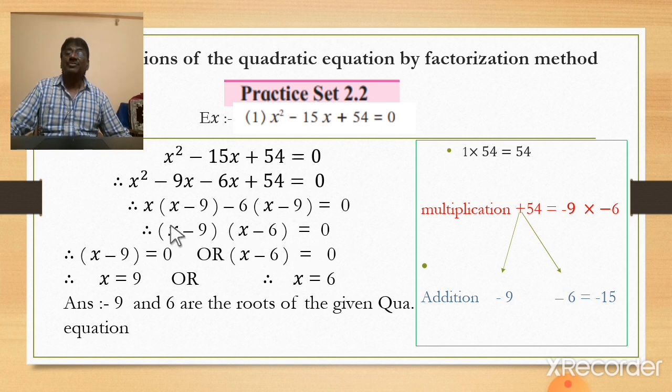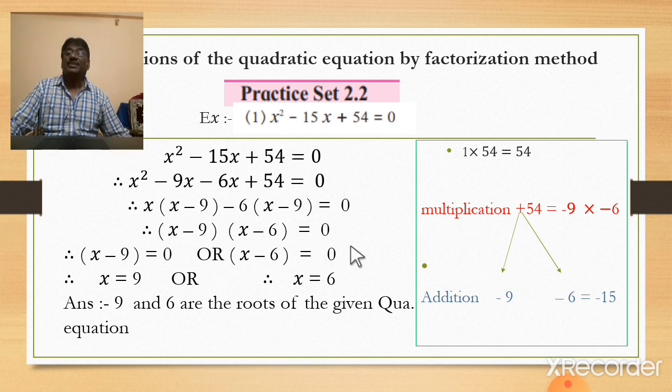Now, there are two terms, x in bracket x minus 9 minus 6 in bracket x minus 9. Now, you can take x minus 9 as common, then we get in the second bracket x minus 6 is equal to 0. Now, we get the multiplication of two brackets is 0.